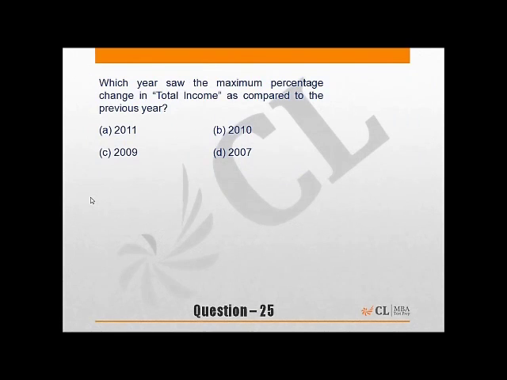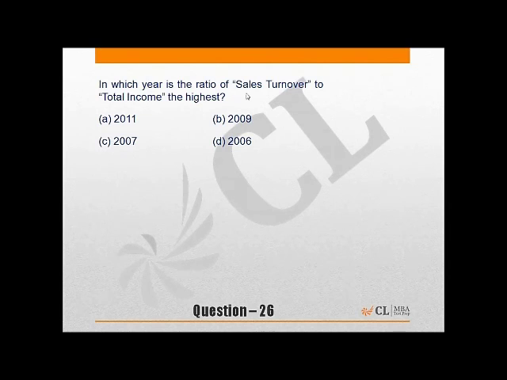Question 25: Which year saw the maximum percentage change in total income as compared to the previous year? For this we need total income for a year versus the previous year, and it gives us 4 specific years. Next question: In which year is the ratio of sales turnover to total income the highest?